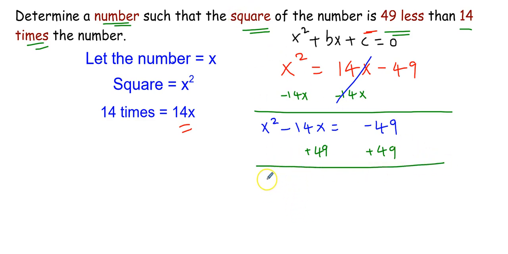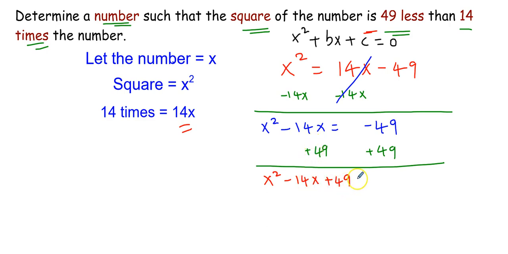That gives me x square minus 14x plus 49. See here once again, I did not combine 14x with 49 because 14x is 14 times x, and 49 is a constant number. So they are unlike terms, and you cannot put them together.